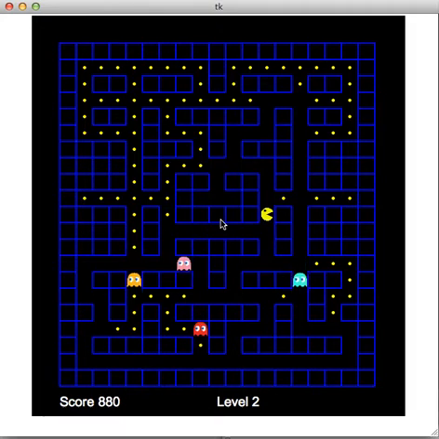Now, we will look at the pink ghost as an example of this artificial intelligence.